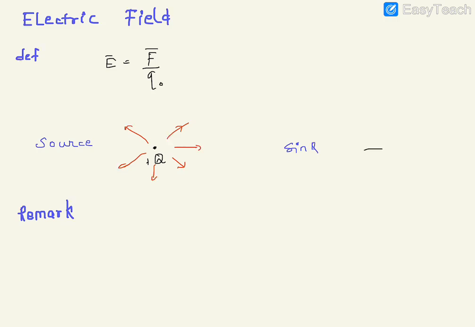And now if I have, say, minus Q, then the electric field lines will be converging to this minus Q, and that's why we call this a sink point. This source and sink has an analogy with thermodynamics. If you remember the Carnot engine, there you have a source and a sink. It's just a terminology analogy that I am giving you.